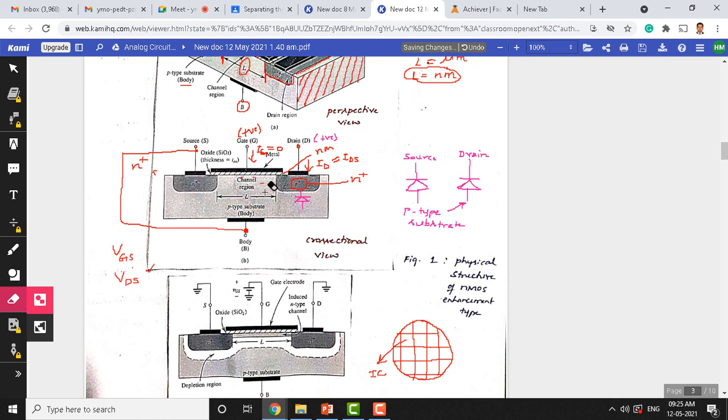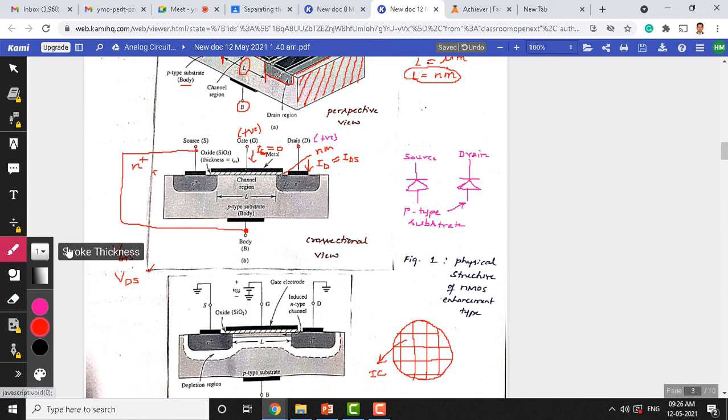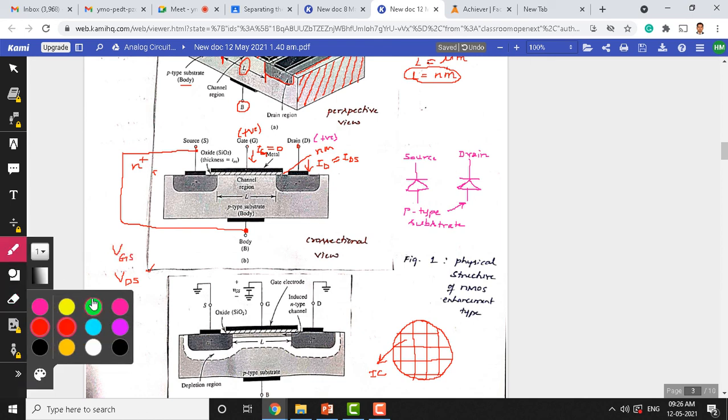Without applying any gate voltage, what happens? Let us see now. The diode that has formed here, let me highlight it. This is the PN junction which I am talking about. This is one PN junction, another PN junction is here.